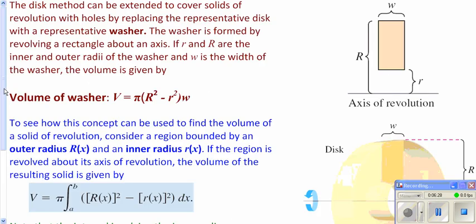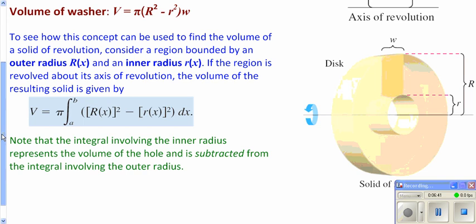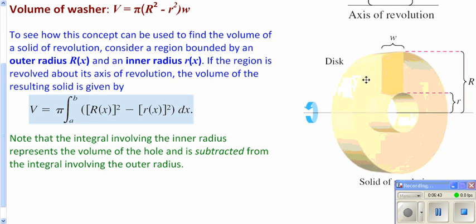Well, we now need to take a look at the volume of another shape, which is a washer. If you would take this shape right here, which is a rectangle up in midair kind of, revolve it around this, you really get a washer. Well, to figure out the volume of this washer, it's really the volume of the whole big disk, which is this first part, minus the inner disk.